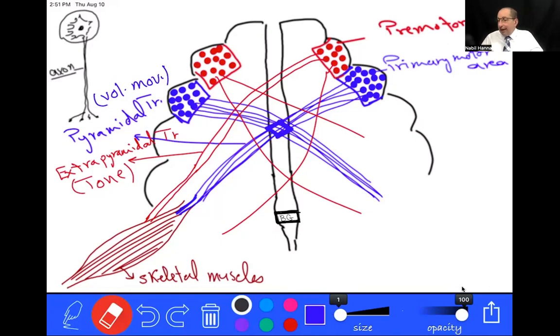And this basal ganglia all the time is controlling the premotor area. What do you mean controlling? It's pressing the brakes.